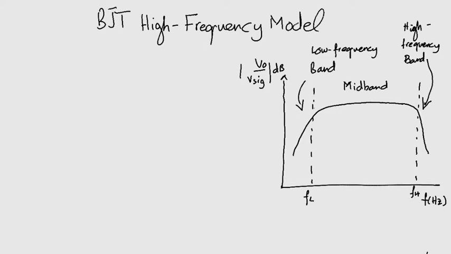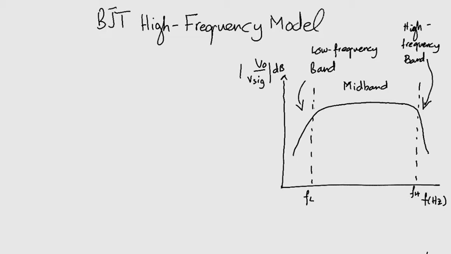What we are going to briefly remark here is that, as evident from this graph, the gain of the BJT amplifier does not remain constant for all frequencies. It falls off after FH and before FL. However, in our derivations, we have been assuming, for the sake of simplicity, that the gain is independent of frequency, but it is not.